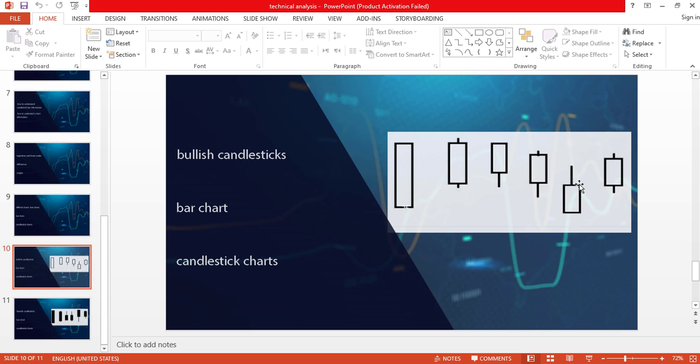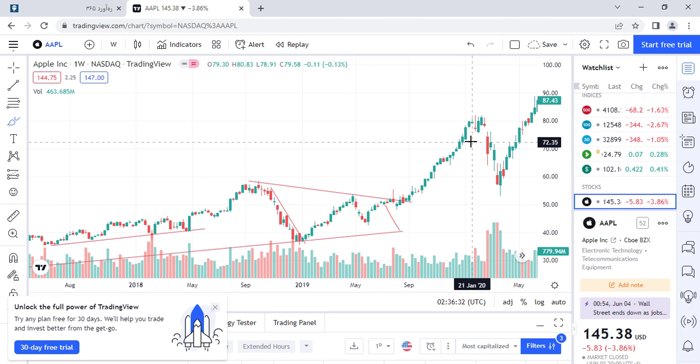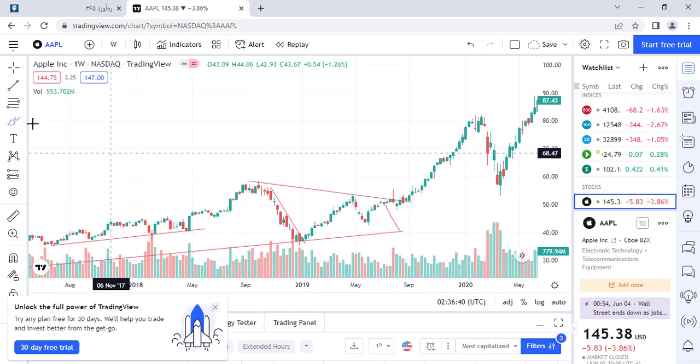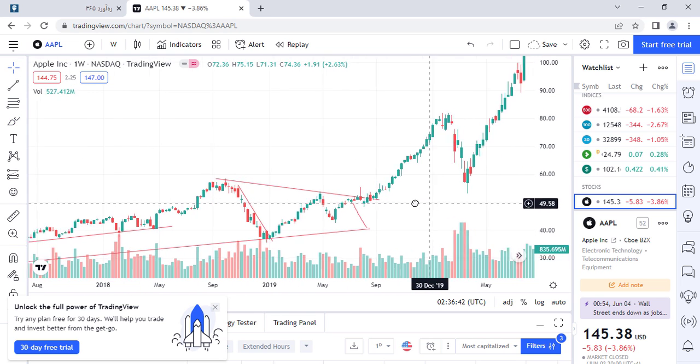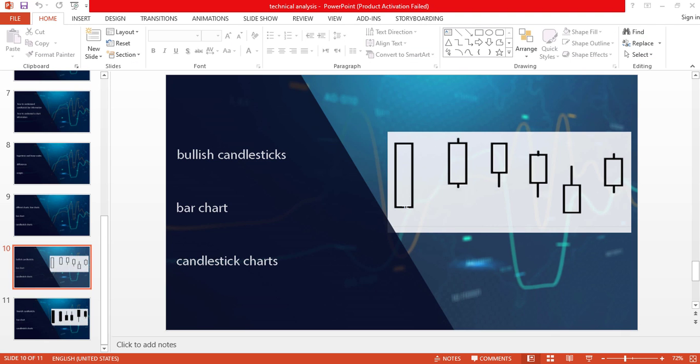The prices may decrease after this candle and this candle. You can see how upper shadows here has decreased the movement.